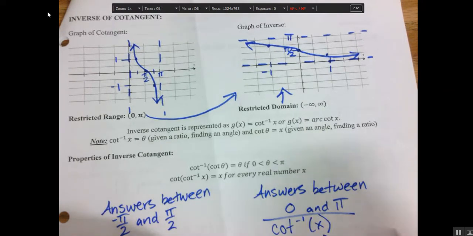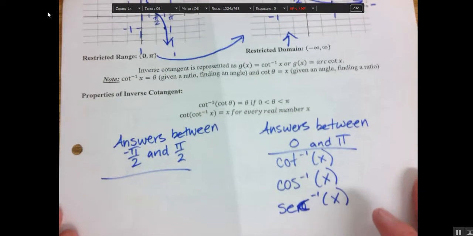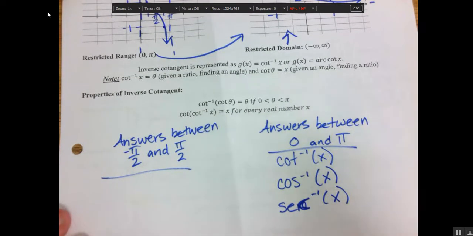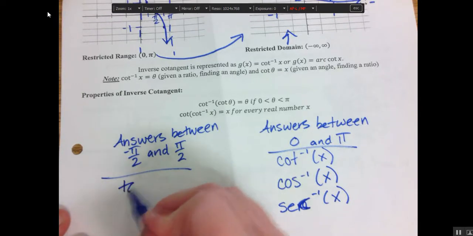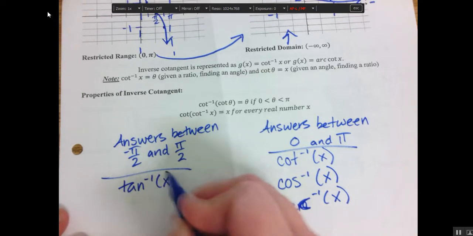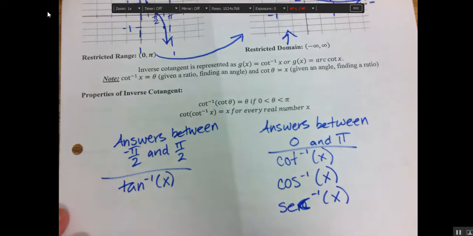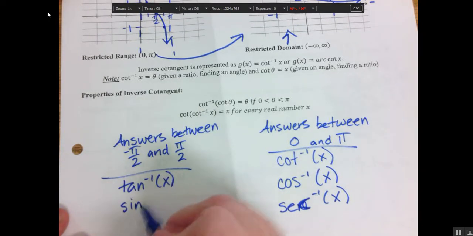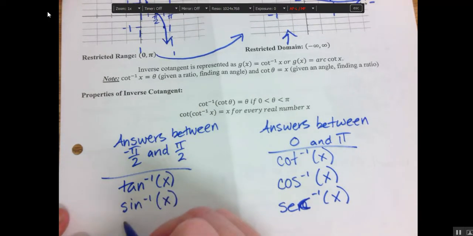And then the reciprocal of cosine, which is going to be, oops, I can't spell, inverse secant. Okay. The other three have answers between negative pi over 2 and pi over 2. So that's inverse tangent, inverse sine, and inverse cosecant.